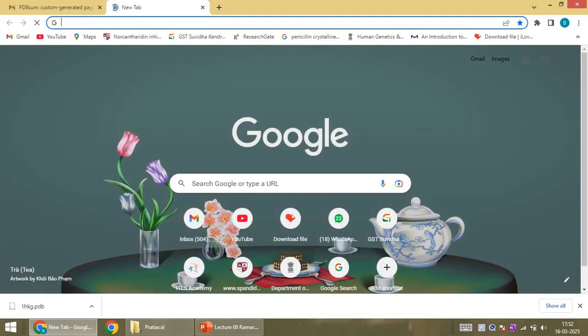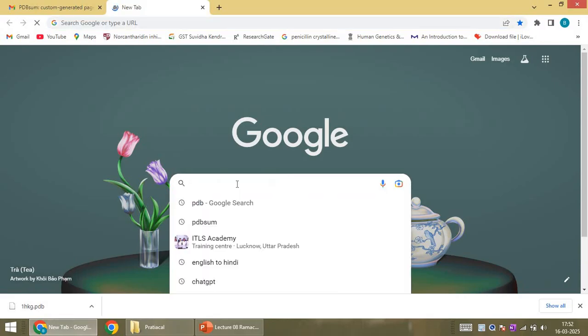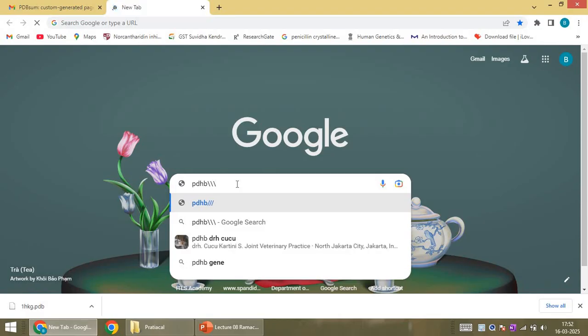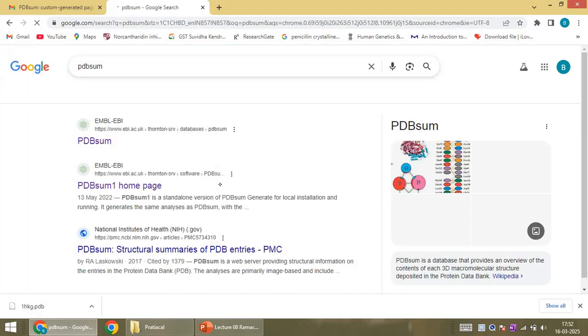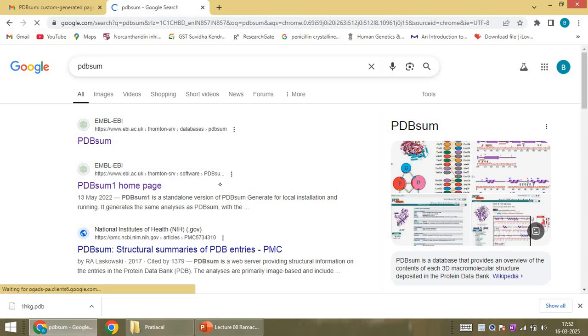To retrieve the Ramachandran plot from PdbSum, we simply search PdbSum and open this one.